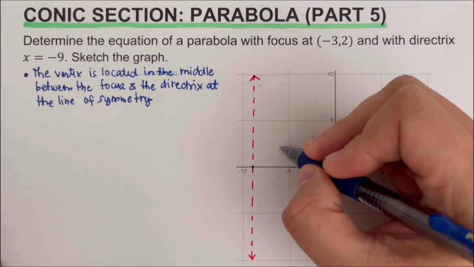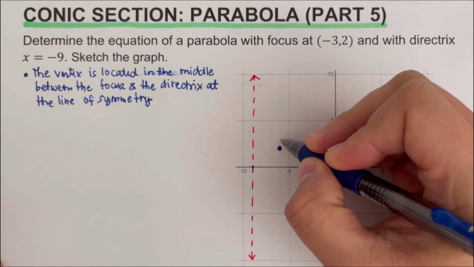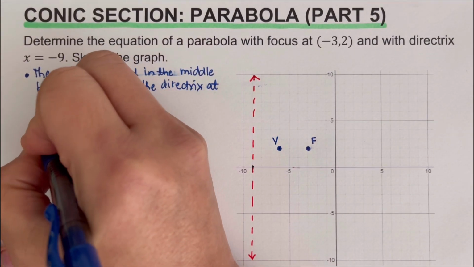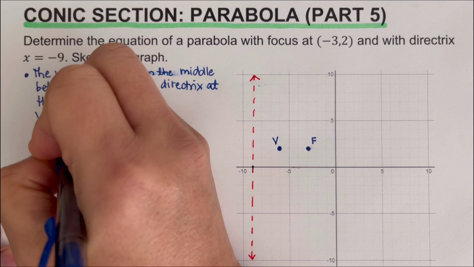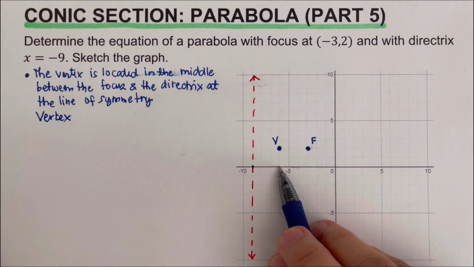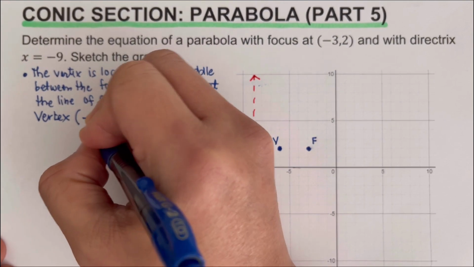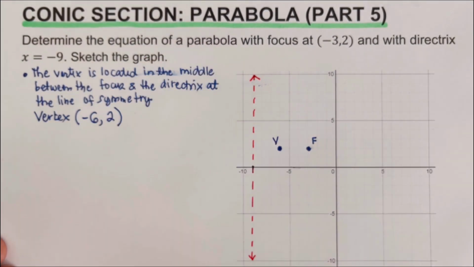So this is our vertex. So I'm going to label this as V. So the coordinate of the vertex, therefore, is (-6, 2). So I'm going to write that up here. So it's -6 and 2.